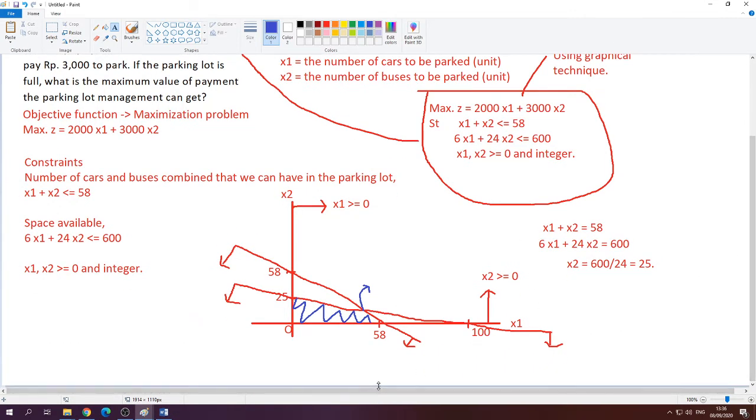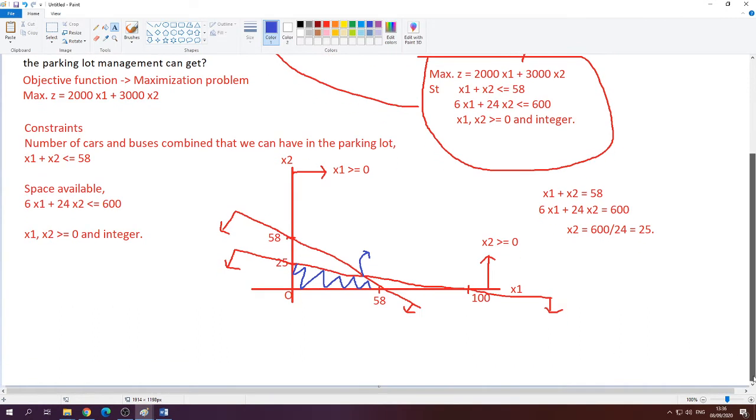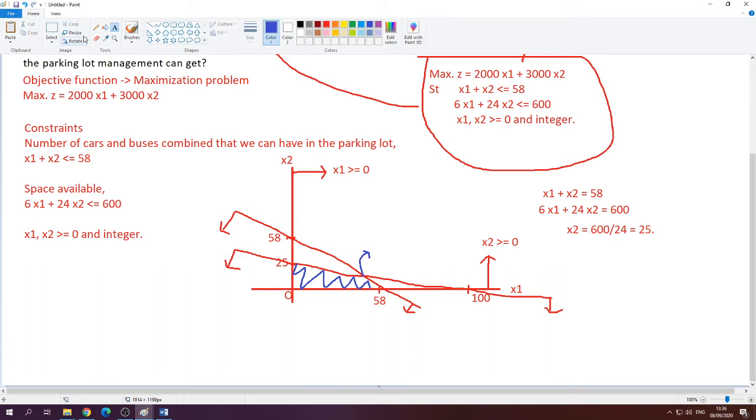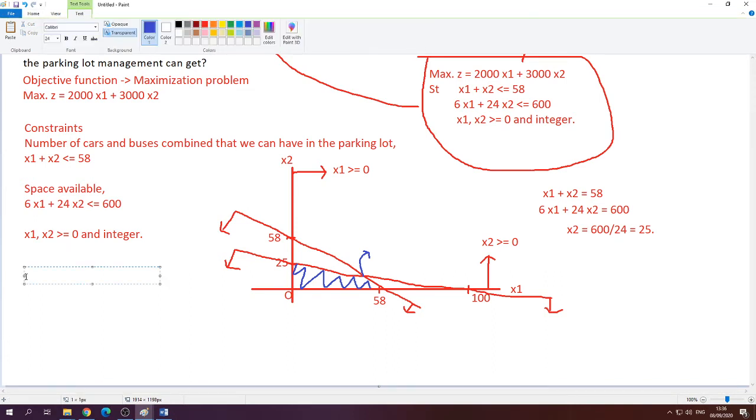I think I need more space over here. So the first constraint, x1 plus x2, we just put the equal sign, 58, and the second constraint is... so we have x1 plus x2 equals 58.